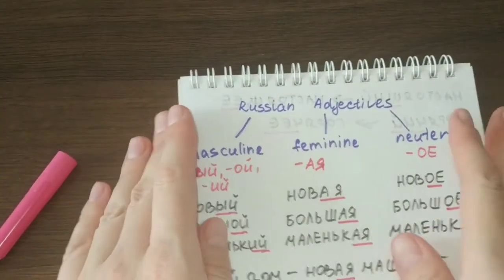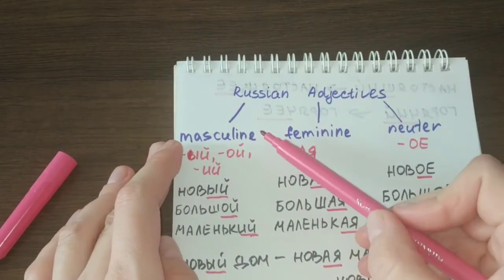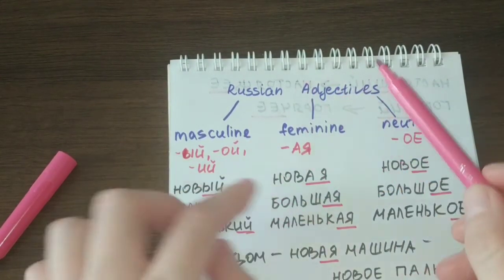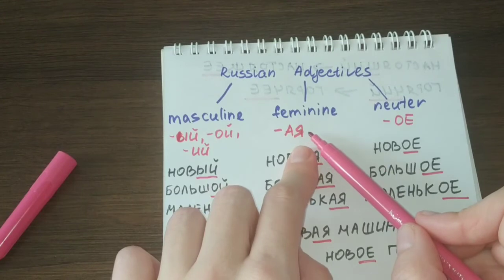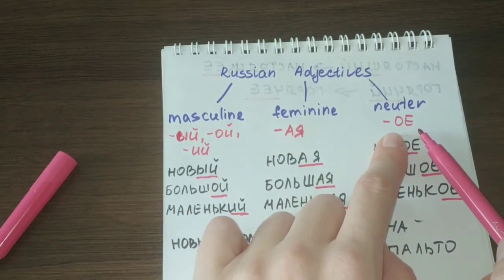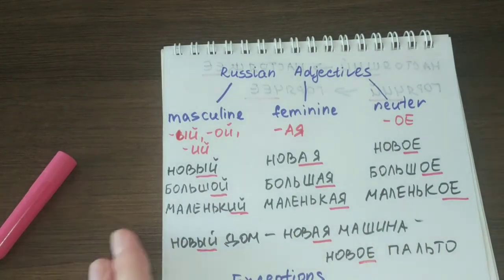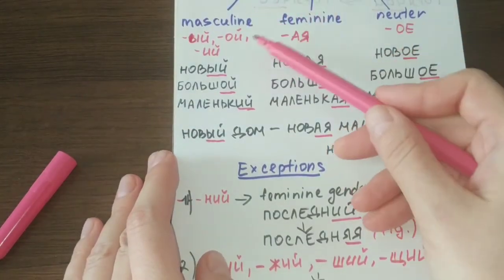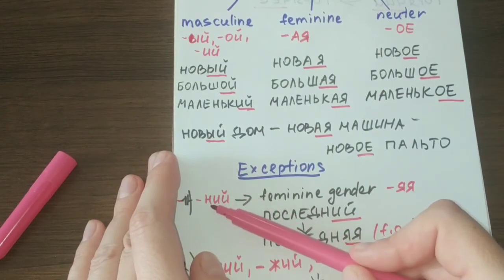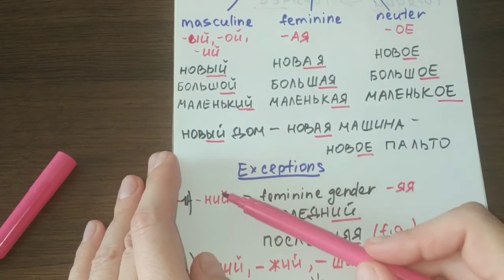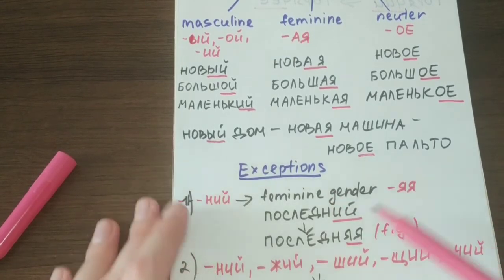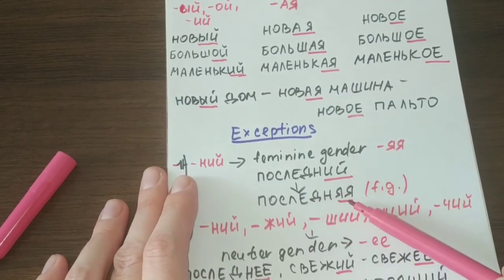So let's look over them again. Masculine gender adjectives end in -ый, -ой, or -ий. Feminine gender adjectives end in -ая. And neuter gender adjectives end in -ое, but there are some exceptions. When the masculine gender adjective ends in -ий, preceded by the consonant н, the feminine gender adjective will end in -яя. For example, последний, последняя.